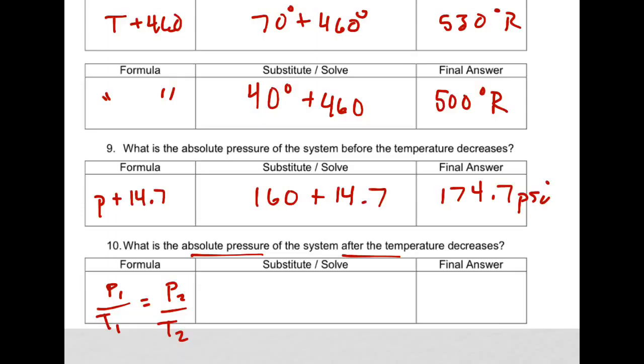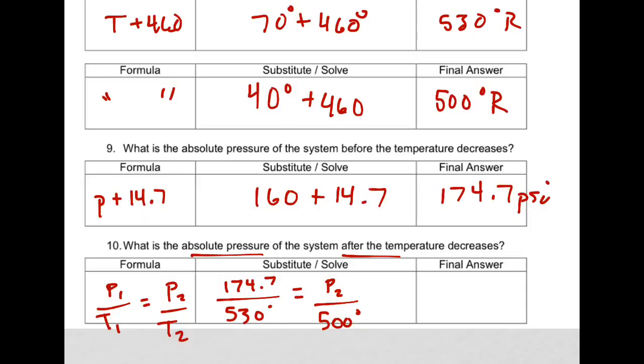So that was absolute pressure. Well, that's 174.7 divided by the first temperature, which was 530, equals P2 over the temperature after it decreased, 500 degrees Rankine.